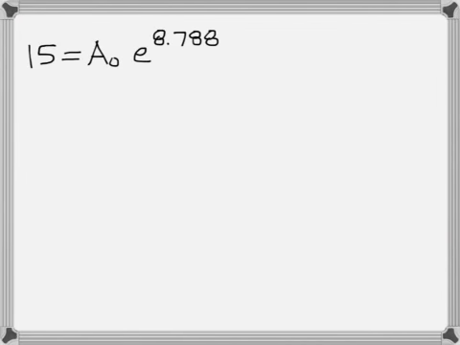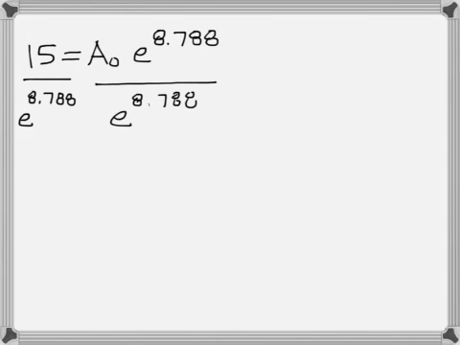Okay, I just multiplied 40 times k there, got 8.788. And so now to solve for A0, all I really have to do is divide both sides by e to the 8.788 there on both sides. And I wind up with A0 is 15 divided by e to the 8.788.